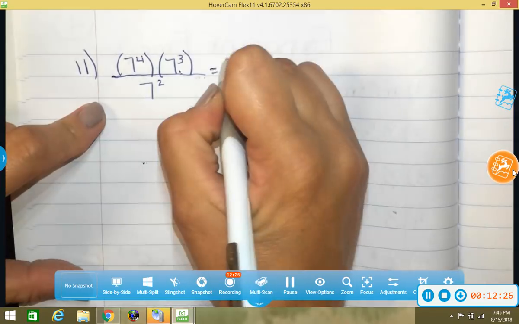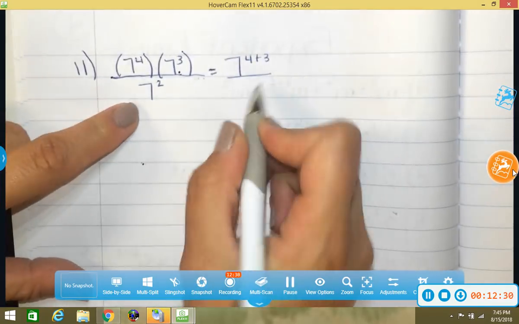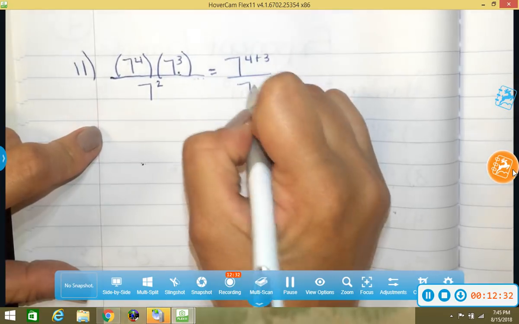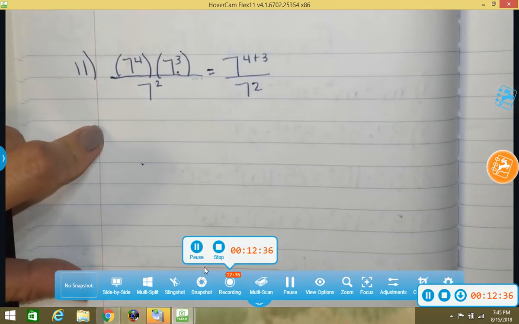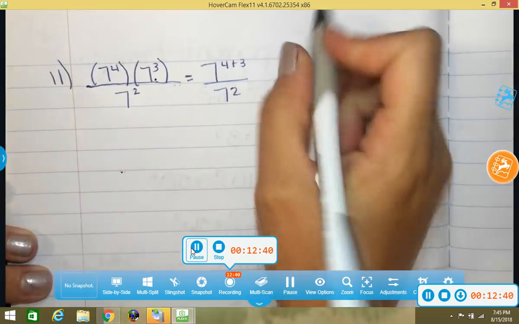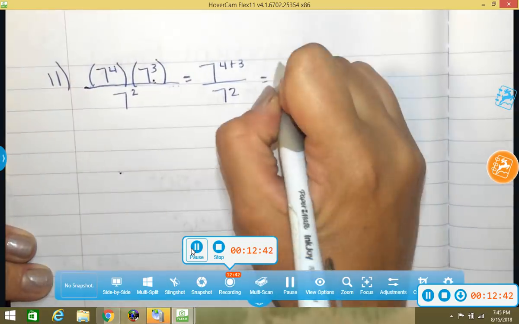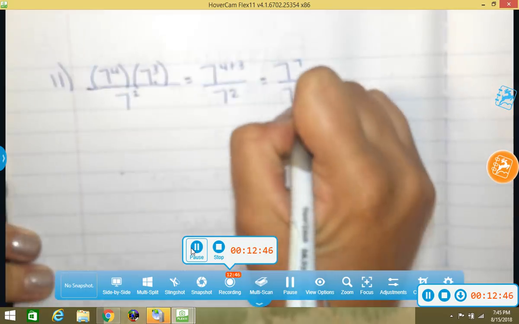So we're going to have 7 to the 4 plus 3 power, but then our denominator stays the same as 7 squared. Alright, so 4 plus 3 is 7, so we have 7 to the 7th power divided by 7 squared.